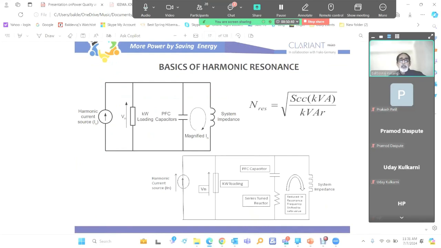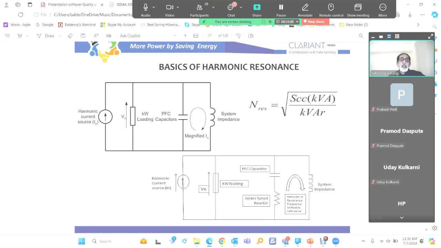So briefly, we explain how the harmonics impact the working of the system. Suppose this load is there, it is a non-linear load. We represent a source, which we call a harmonic current source, because of the non-linear load. This non-linear load is introducing this current, which is being attracted by the capacitors, because capacitors have the minimum impedance for higher frequencies.